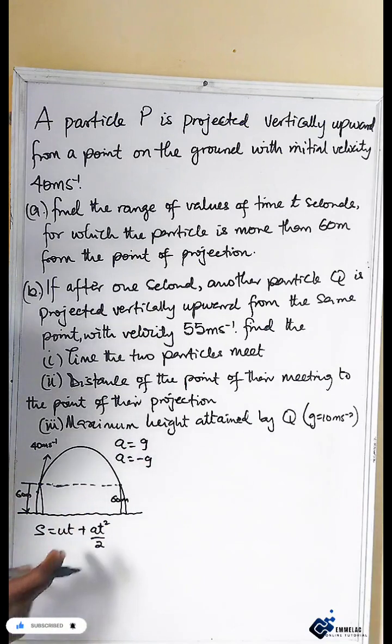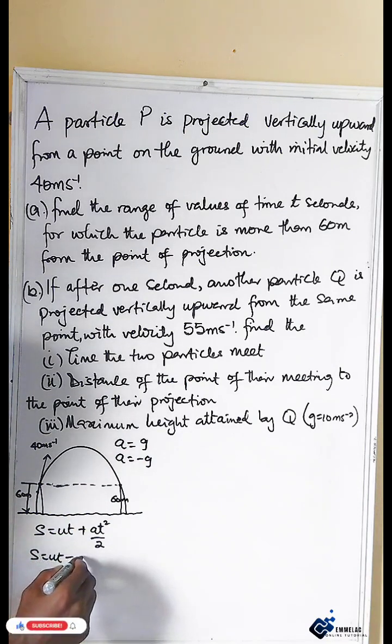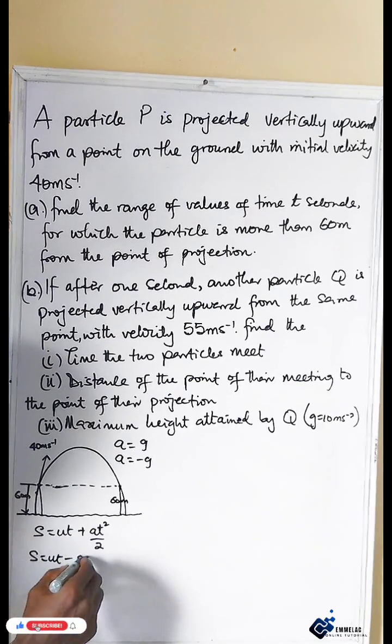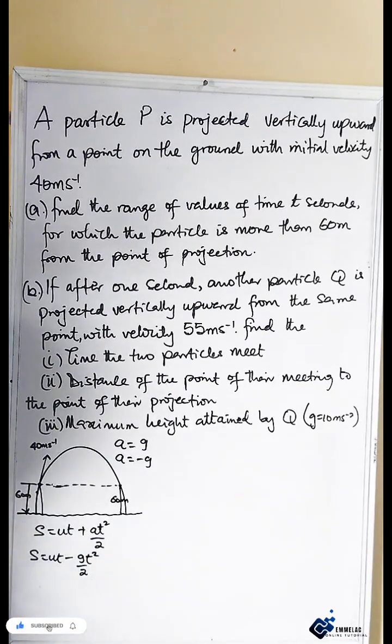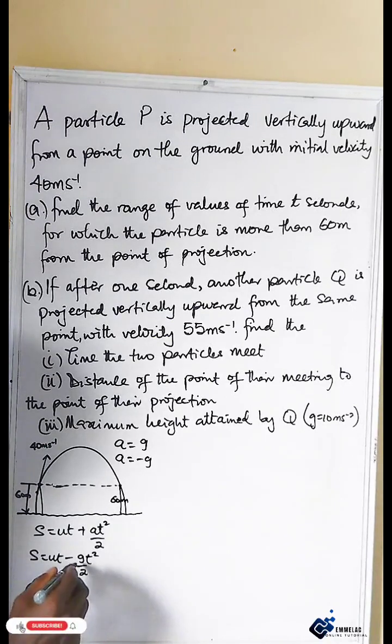So S equals ut minus g all over 2 t squared. Now the height is 60, the initial velocity is 40t, then minus acceleration due to gravity, that will be 10, then t squared all over 2.